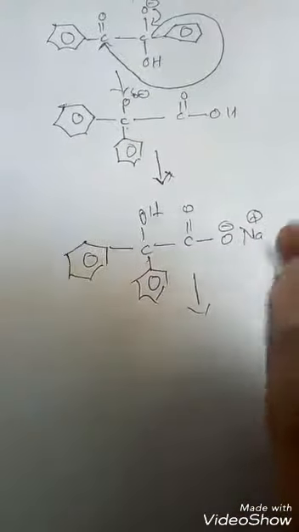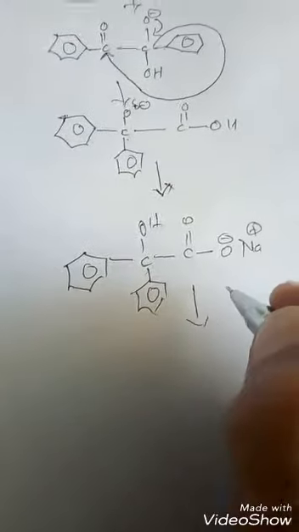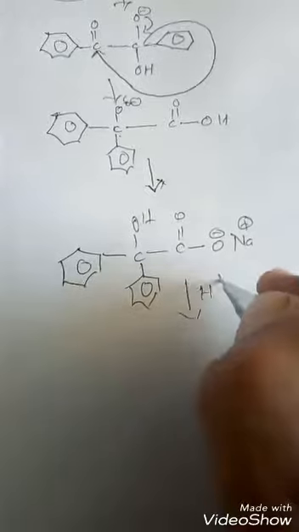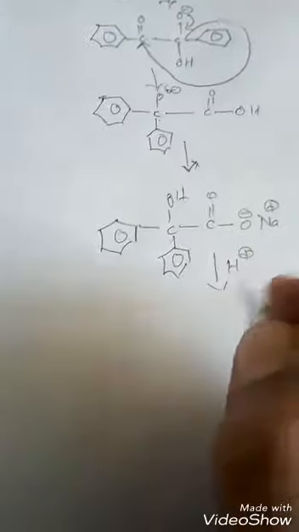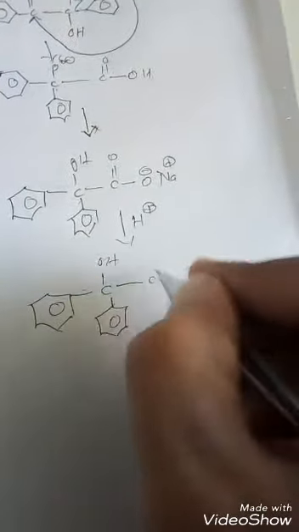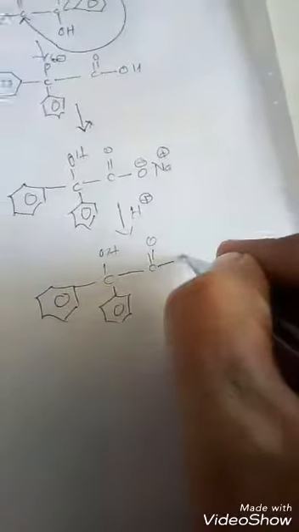Simply, we have to make the mixture acidic by adding acid. When this is done, the alpha hydroxy acid is formed, and its solubility in polar solvent is less, so it can be easily precipitated out and separated.